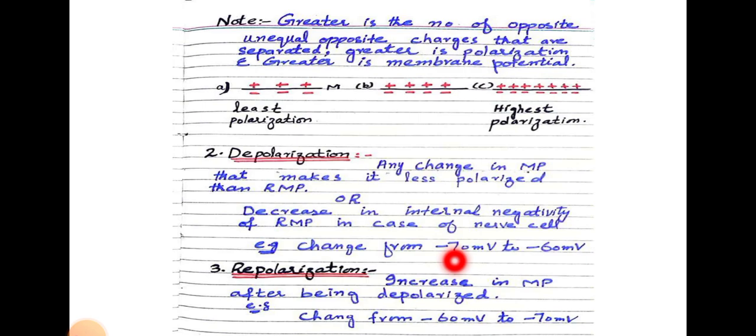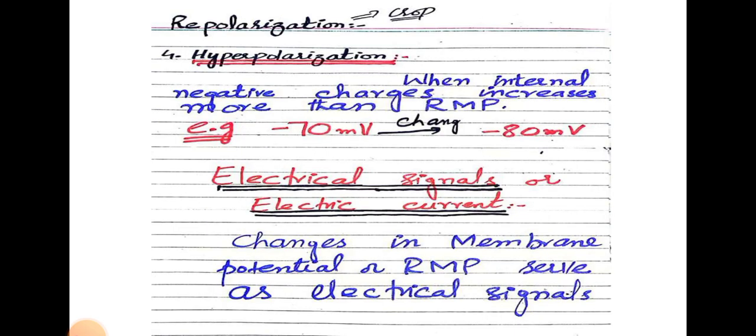When internal negative polarity is regained, it is called repolarization. Any increase in internal negativity from resting membrane potential is hyperpolarization. Resting membrane potential is minus 70 millivolts. If internal negativity increases further away from minus 70, it is hyperpolarization.